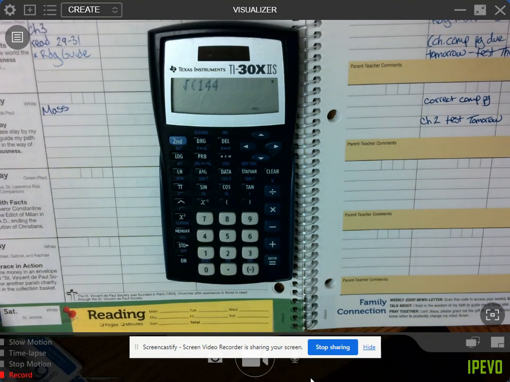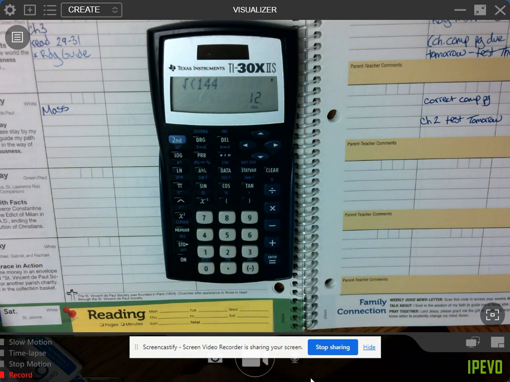What is the square root of 144, Hannah? 12. Because 12 times 12, 12 squared, is 144. I'll help you with your calculator later. Yours is just a little bit different. So 12 squared is 144, and the square root of 144 is 12.